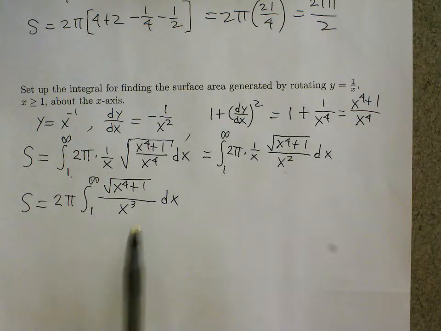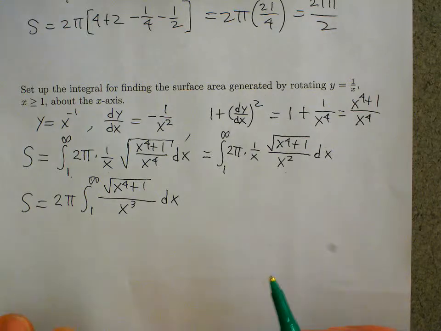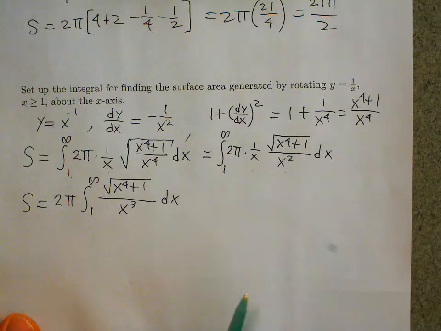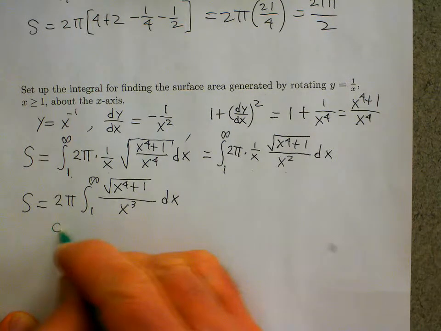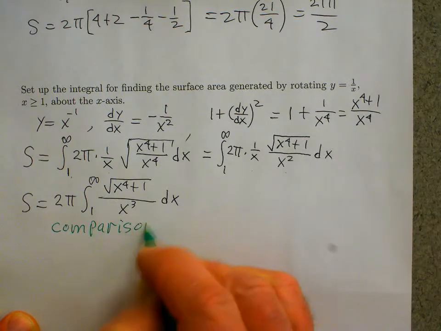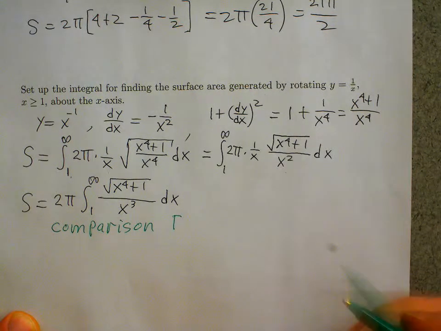So what do you think about this one? Do you think this one converges? Okay, this is perhaps a good opportunity to review the, what do they call it? The comparison rule from chapter 7, or the comparison test, I mean.